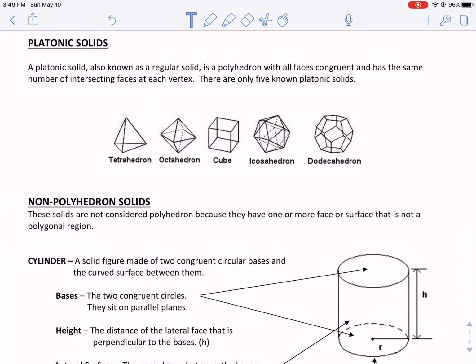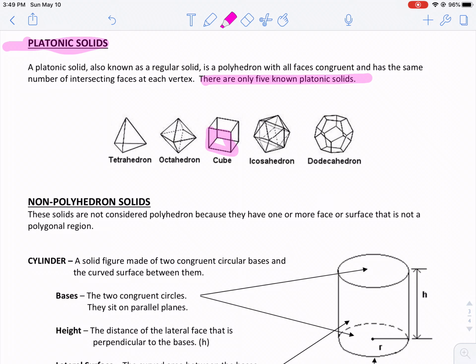Here's just a little nice information to know. All right, platonic solids. It's a solid that has all regular polygons for all of its faces. There's only 5 of them that we know of. A cube is made of 6 squares.